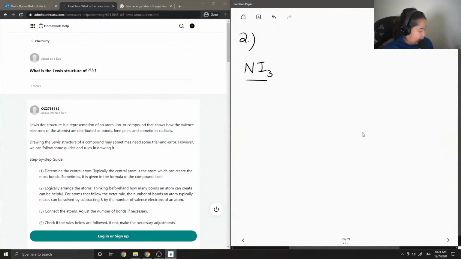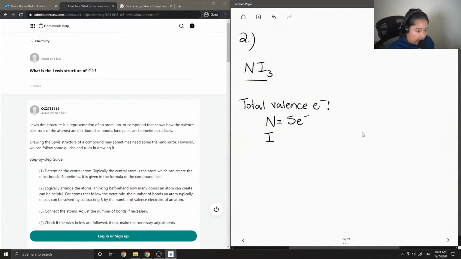Okay, so to write the Lewis structure, I first want to find the total valence electrons of the compound. So for nitrogen, nitrogen has 5 valence electrons.